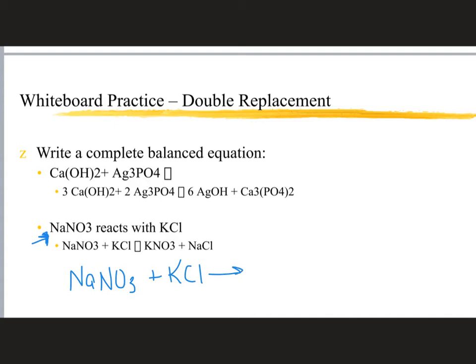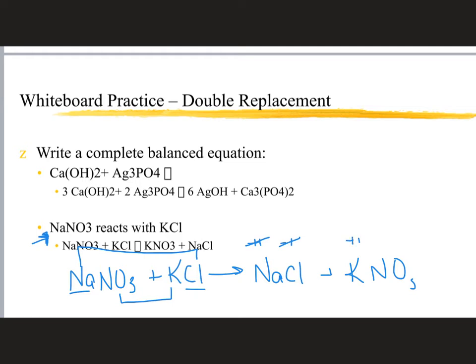So I'm going to take the sodium and the chloride, cation from the first with the anion from the second, to make NaCl. So sodium is +1, chlorine's -1, so those charges cancel out. Then my next compound is going to come from the potassium with the nitrate. So we've got K and NO3.